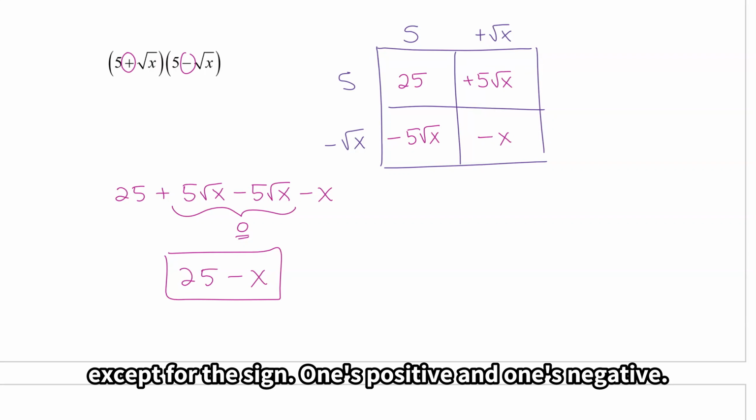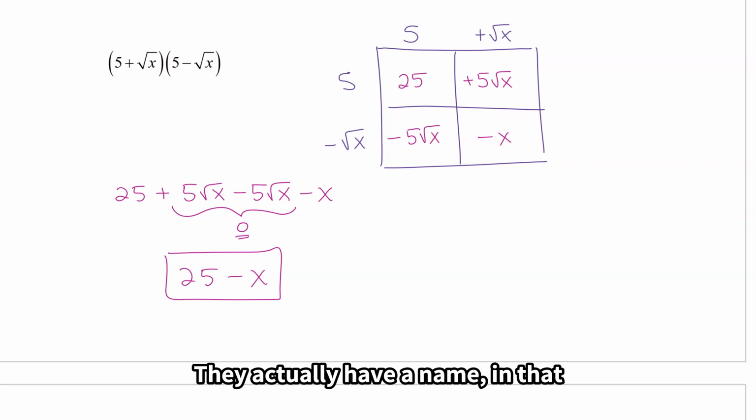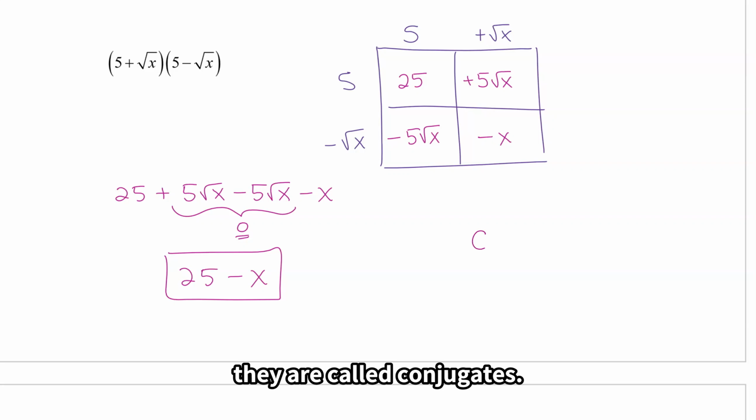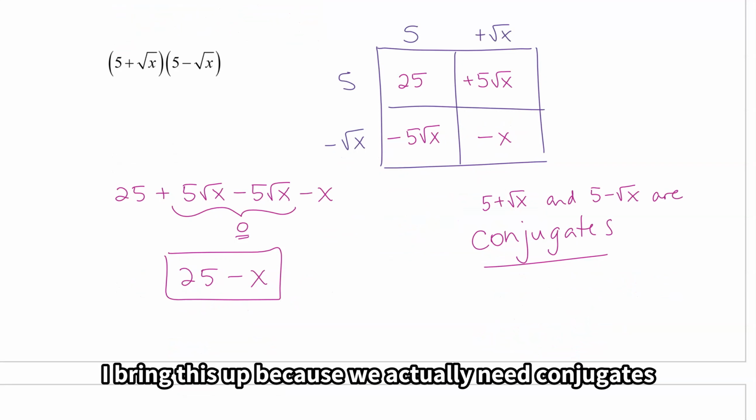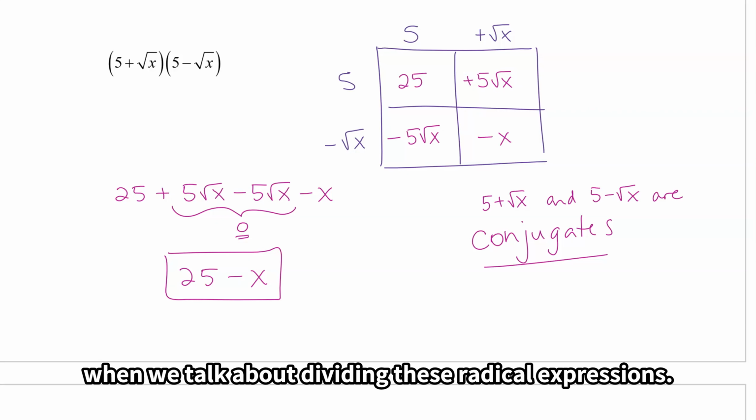One's positive and one's negative. They actually have a name in that they are called conjugates. I bring this up because we actually need conjugates when we talk about dividing these radical expressions.